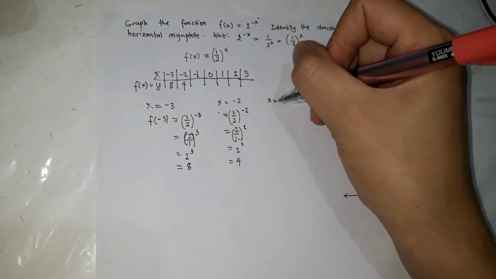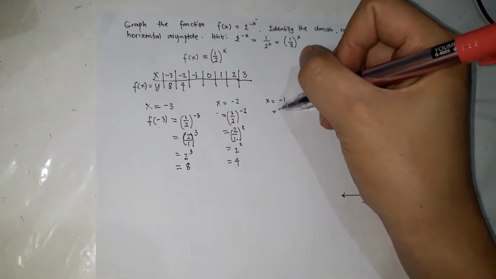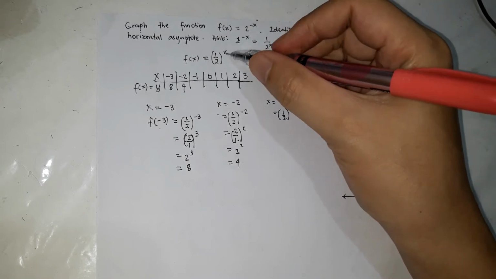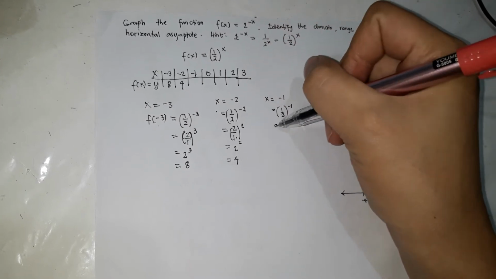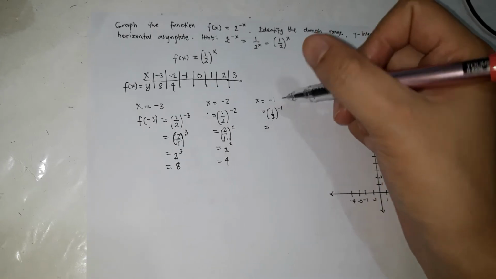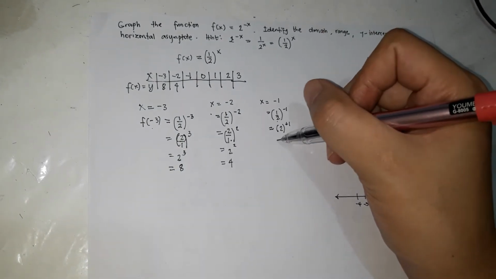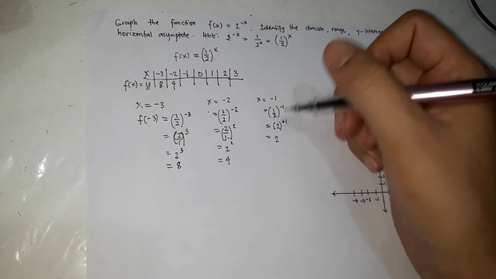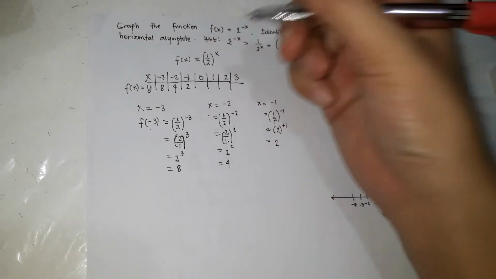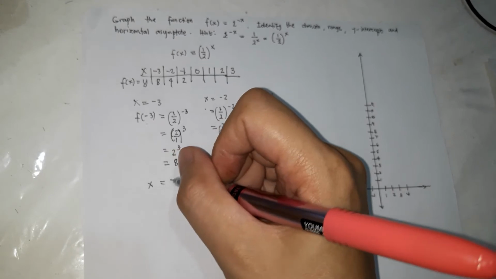When x is equal to negative 1, the same process, 1 half, with x becoming negative 1. So you flip it, and it becomes 2 to the positive 1, which is 2.